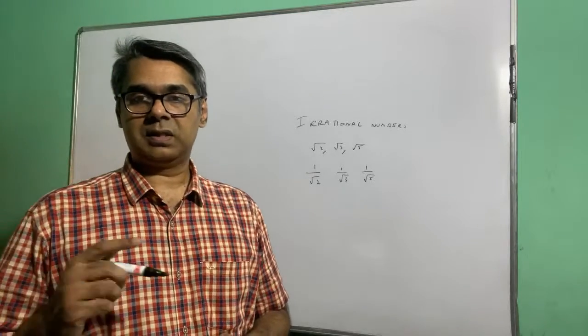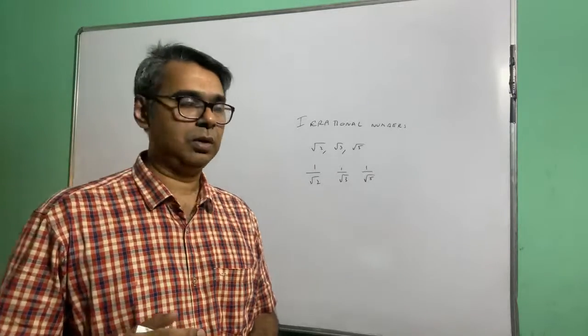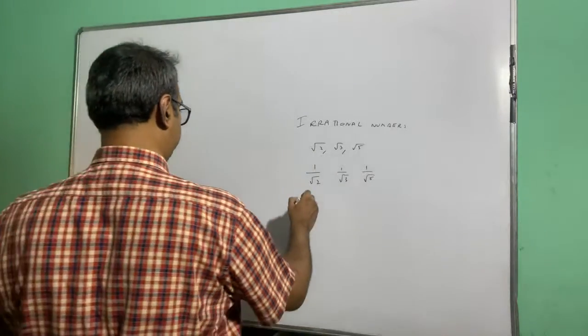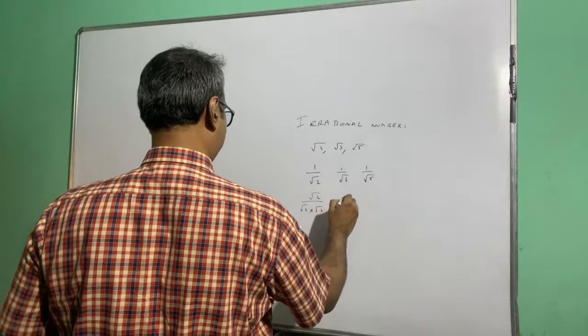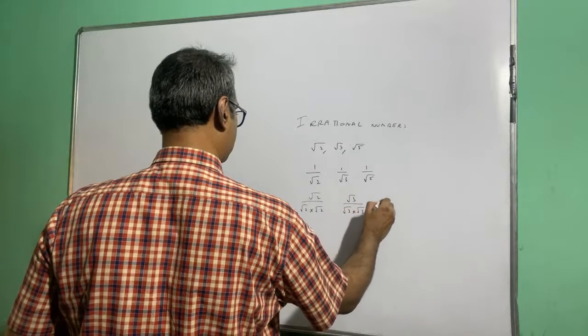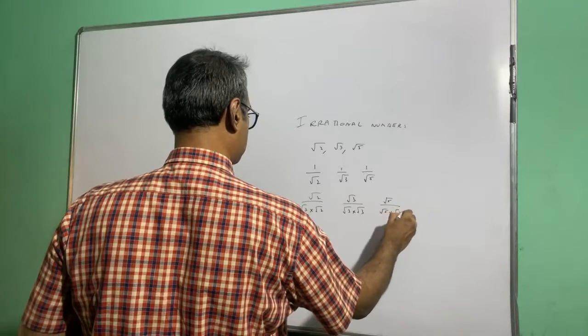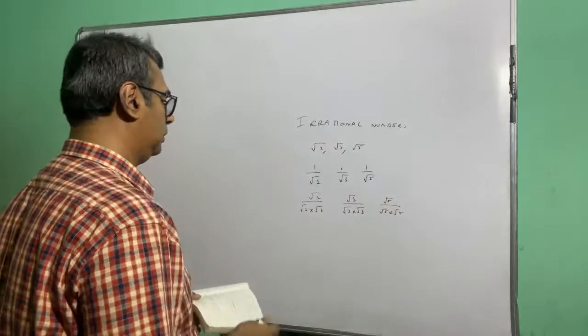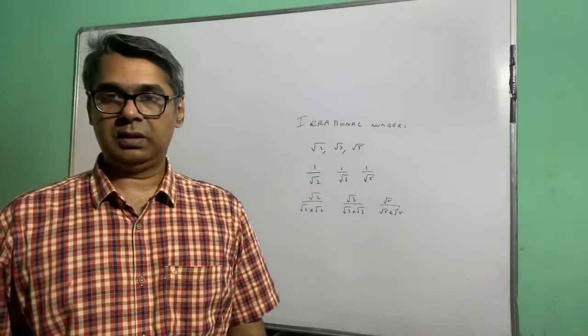So whenever a sum like this happens, what we do is we multiply above and below with a number which will convert the denominator into a rational number.